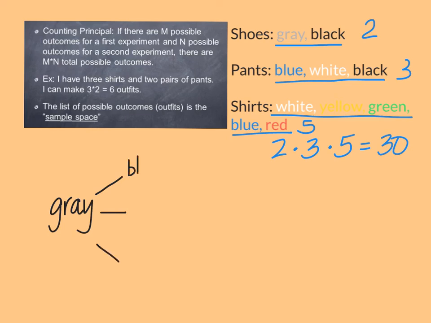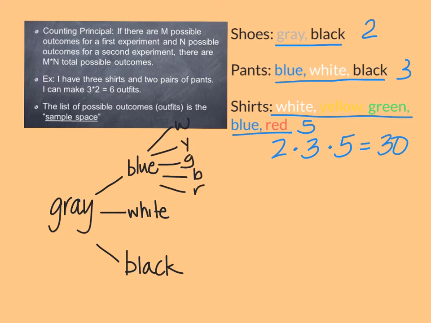So I could have blue, I could have white, or I could have black. Then once I have my gray shoes on and my blue pants on, I still have 5 possibilities of what I could choose for my shirt.